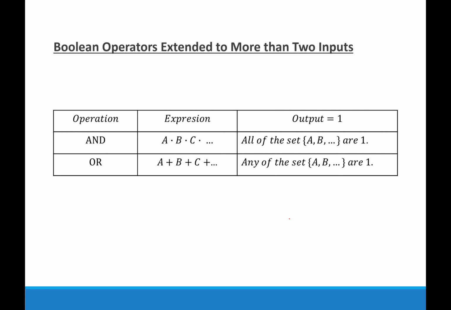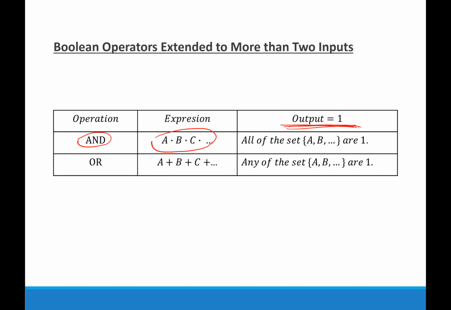So what will happen if we have more than 2 inputs for the AND operation? If we have the inputs A, B, C, D like that, we take the multiplication of all those inputs and consider the output.